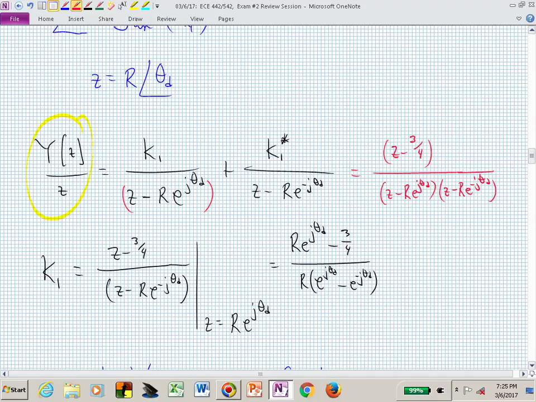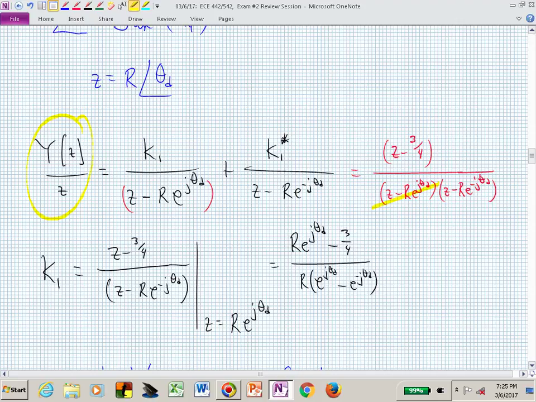If you don't do that, your signs are going to be messed up, and they're not going to be consistent. Now, to find K1, we multiply both sides through by the factor underneath K1, which is z minus r e to the j theta sub d, and hopefully then it's clear that in this red piece I've now just canceled that particular factor.